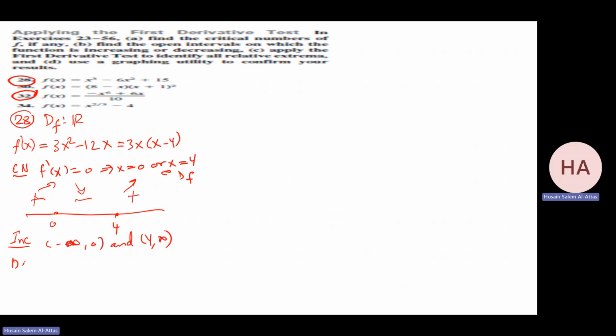Also, since this is increasing then decreasing, I have local max at x equals 0, and I have local minimum at x equals 4. Okay. I think that's very clear.